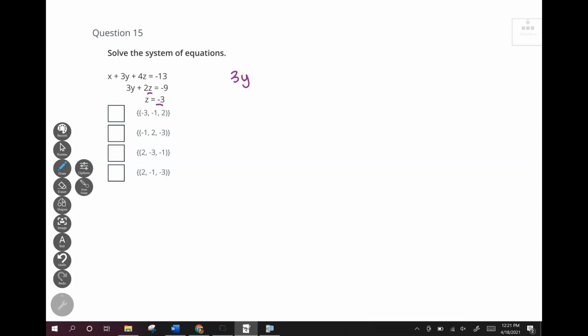So 3y plus 2 times negative 3 equals negative 9. Okay, so negative 1. So far I have negative 3 for z, negative 1 for y, and I'm looking for x.